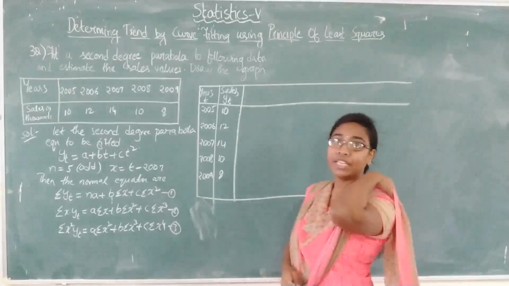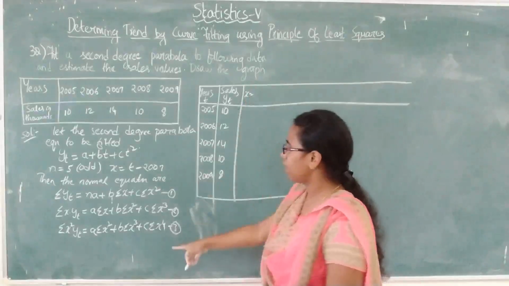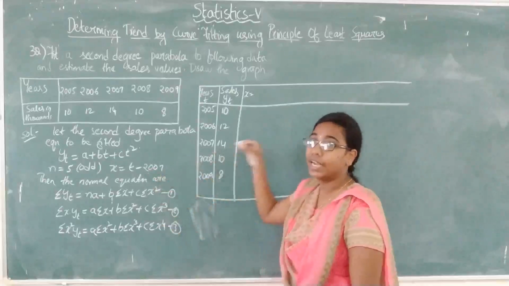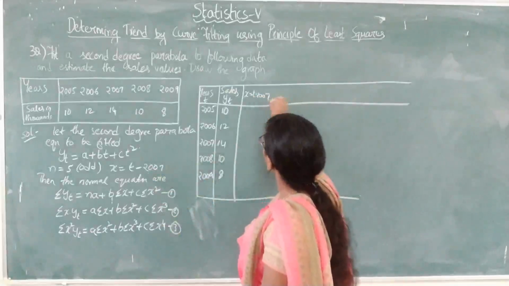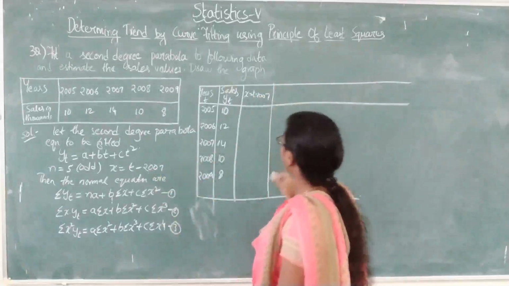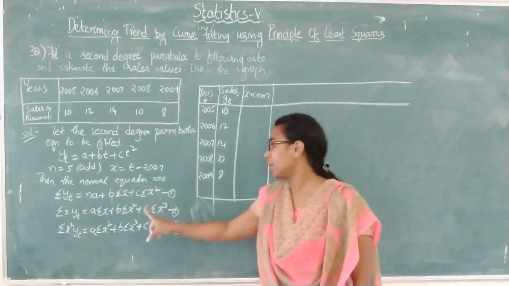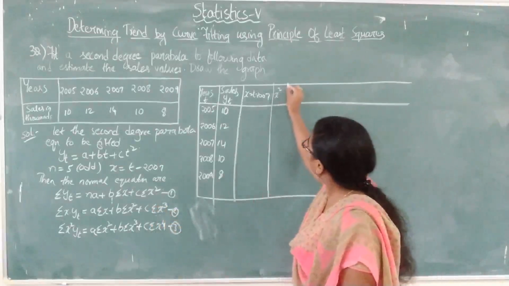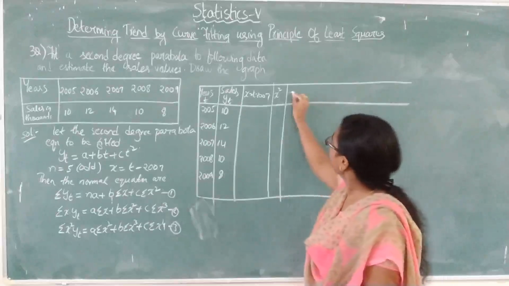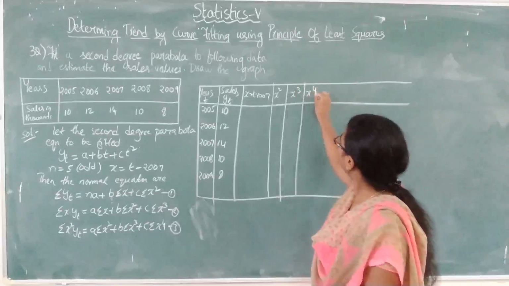Next we find the x value. x equals to what value are we considering? t minus 2007. So t minus 2007 we will get the x values. Next we want x square, x cube and x power 4.